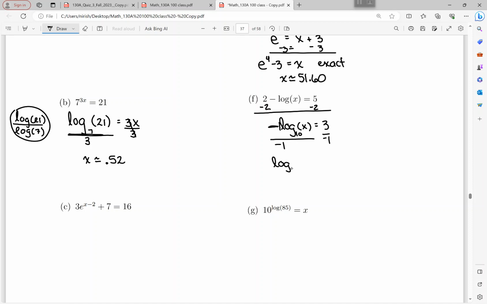So I have log base 10 of x equals negative 3. Do a rewrite, and we have 10 to the negative 3 equals x. That's a good exact answer. If I do 10 to the negative 3 on my calculator, that comes out to approximately 0.001. But if I'm rounding to 2 decimal places, it looks like it's just 0.00, which is kind of a weird number. So we'd probably just go with the exact answer here.